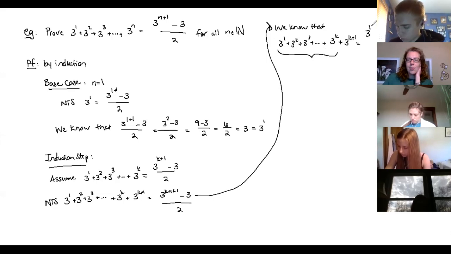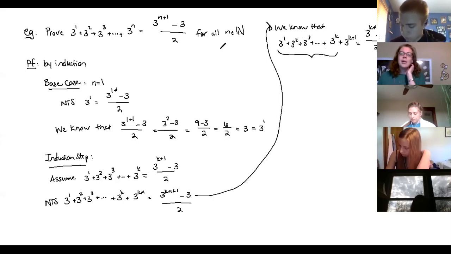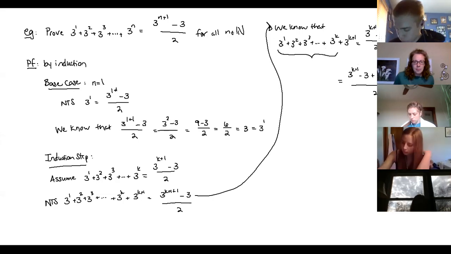So we've got 3 to the k plus 1 minus 3 over 2. And then I still have that 3 to the k plus 1 piece hanging out at the end of my equation. A common denominator would be good. So we can do 3 to the k plus 1 minus 3 plus 2 times 3 to the k plus 1 over 2. So we can do that.